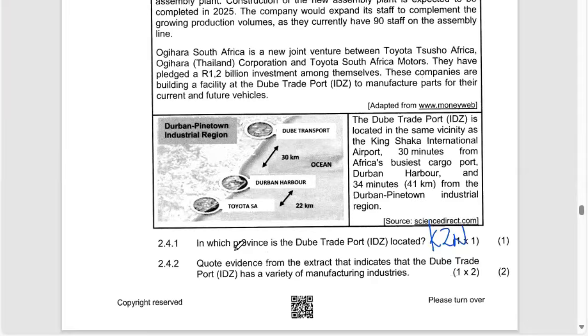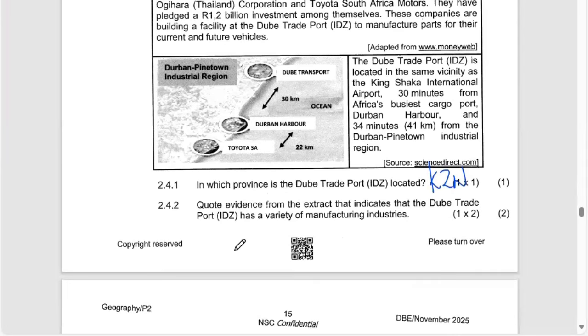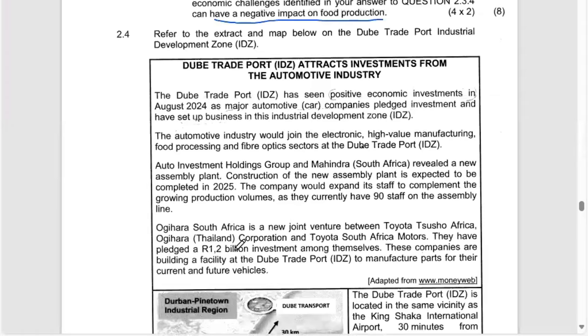Natal. Quote evidence from the extract that indicates that the Dube Trade Port has a variety of manufacturing activities. We want to quote, this is an extraction question. It says in the second paragraph, the automotive industry would join the electronic, high-value manufacturing, food processing, and fiber optic sectors at the Dube Trade Port.